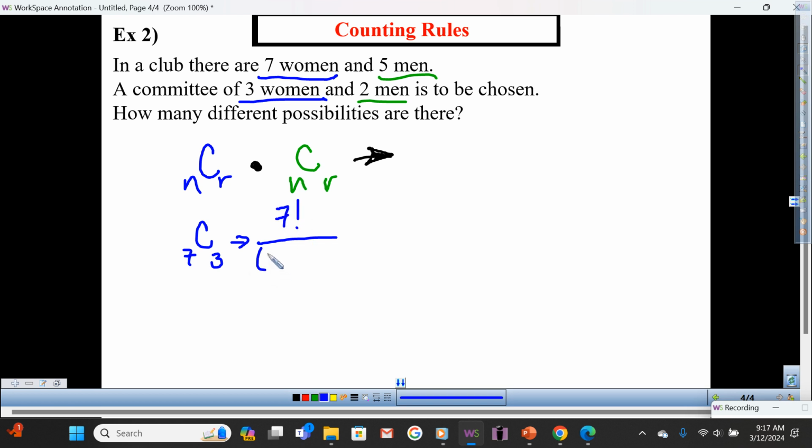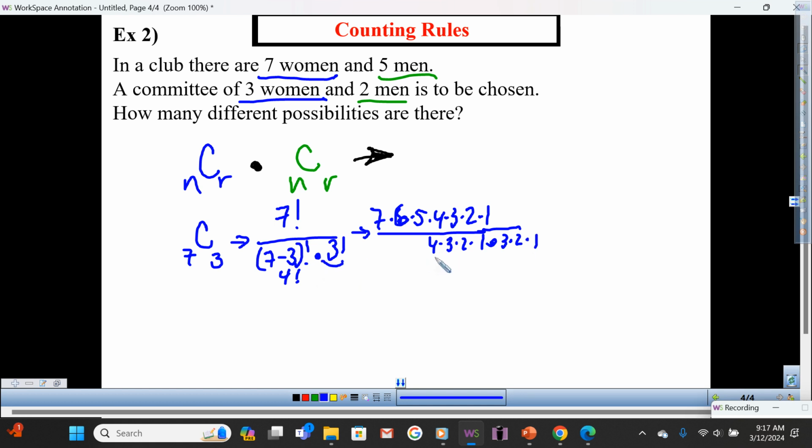Factorial times factorial, yes. So this is 7 times 6 times 5 times 4 times 3 times 2 times 1 over, this is 4 factorial, 4 times 3 times 2 times 1 times 3 times 2 times 1, which is this one.